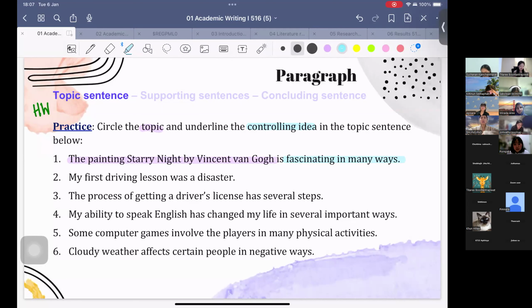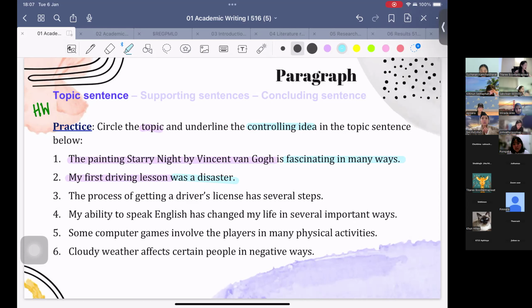So after reading this, you're gonna see that the author possibly wanted to say how this painting is interesting in different ways. And then number two, "My first driving lesson was a disaster." So the topic would be my first driving lesson, and "was a disaster" would be the controlling idea. The word disaster in this case means it just went bad.